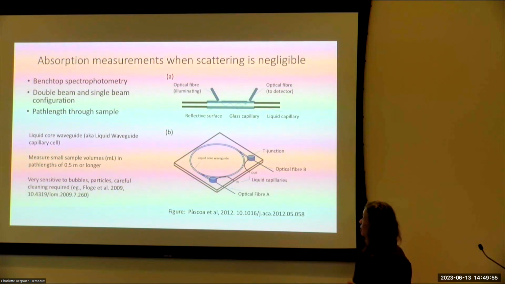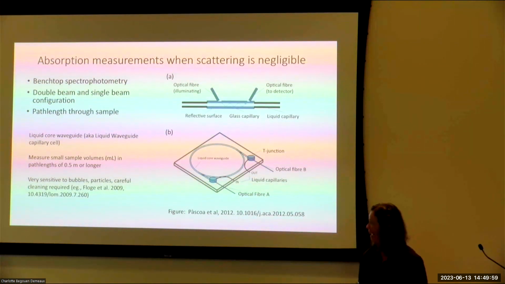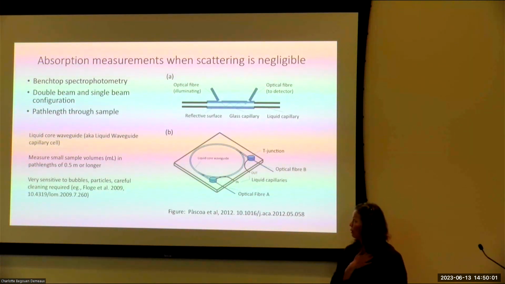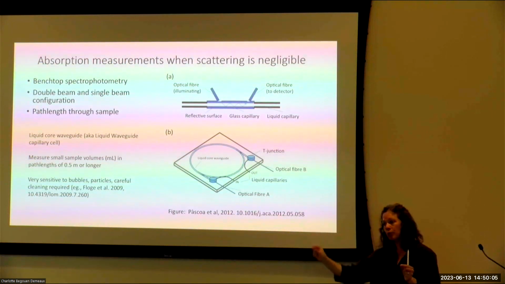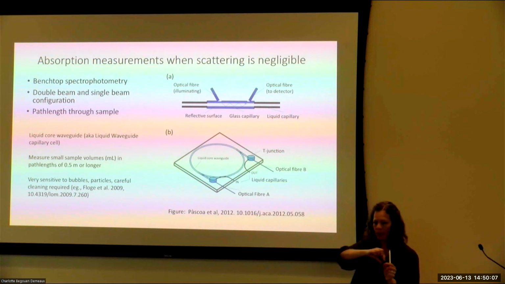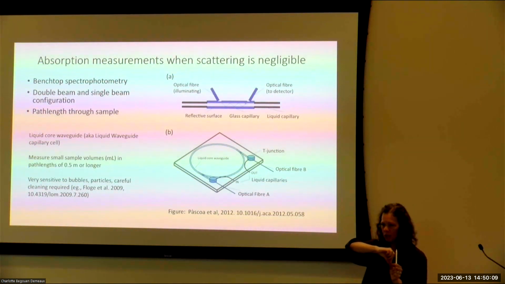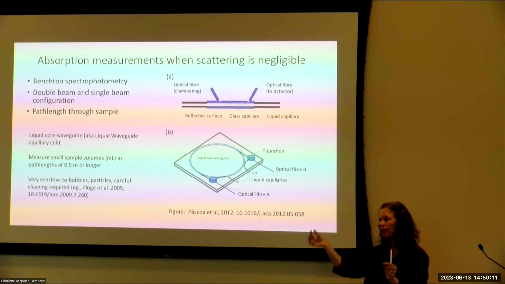And so for some applications, people will use something called a liquid core waveguide, or sometimes a liquid waveguide capillary cell, but it's basically a tube, hollow tubes with quartz or Teflon coated walls that are really reflective.